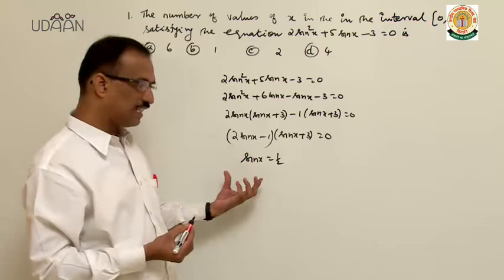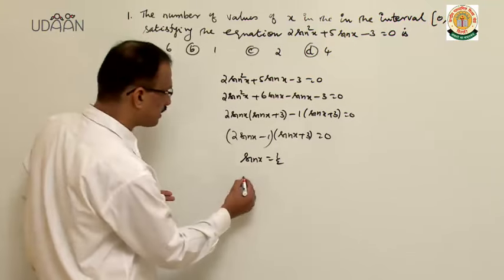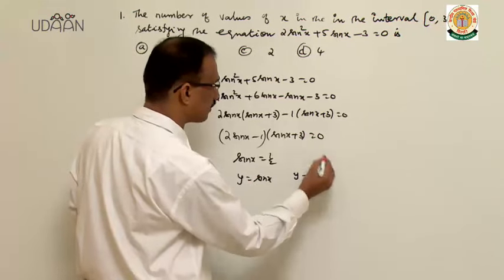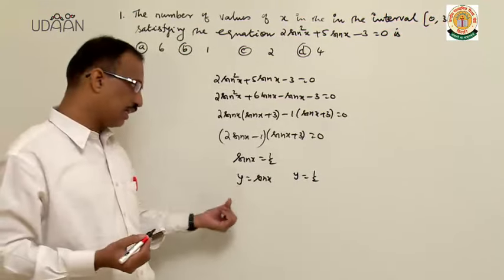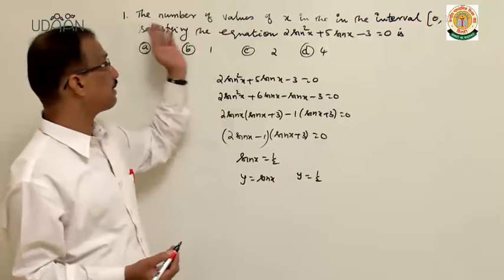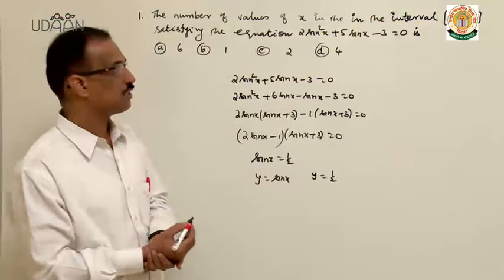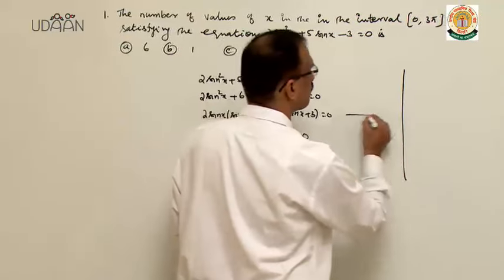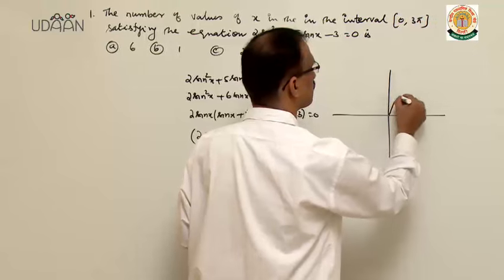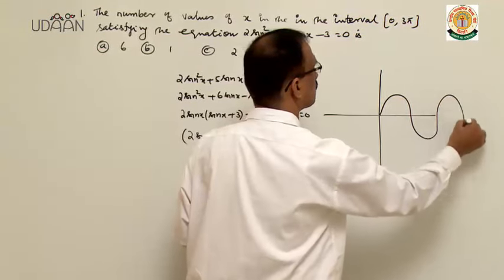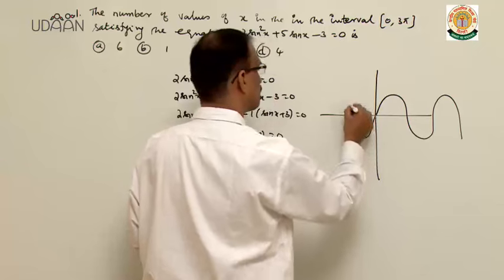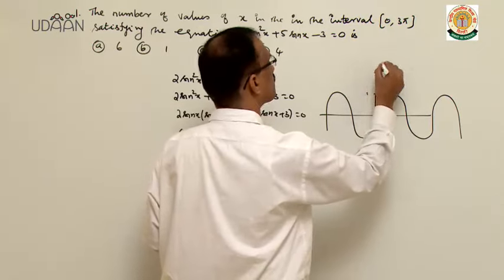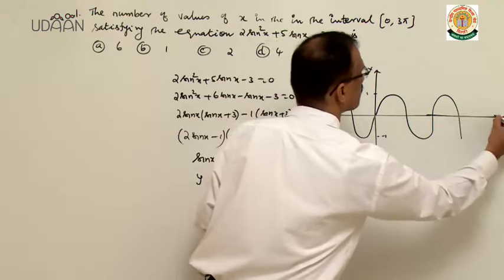So you can think of this as two curves. One is y = sin x, another is y = 1/2. Let us draw the graph of this because we have to find the number of values of x in the interval 0 to 3π. So if we draw the graph, you know the sine curve, with 1 and −1 as the maximum and minimum values.